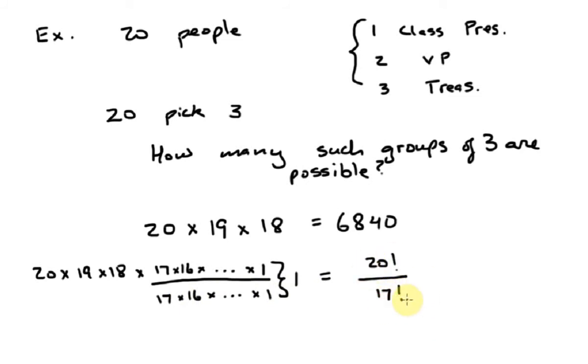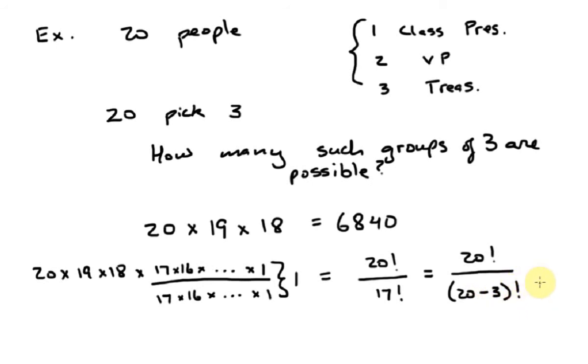Okay, so now, instead of using fundamental counting, I could be using these factorials, but I'm going to go one step further. I'm going to leave the top as 20 factorial, and on the bottom, instead of writing 17, I'm going to write that as (20 minus 3) factorial.